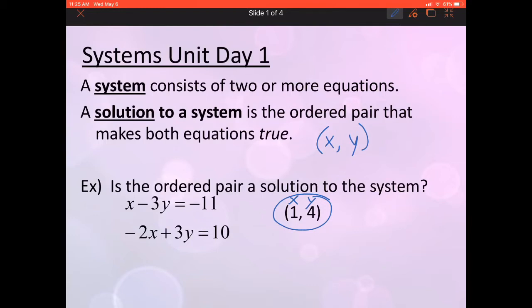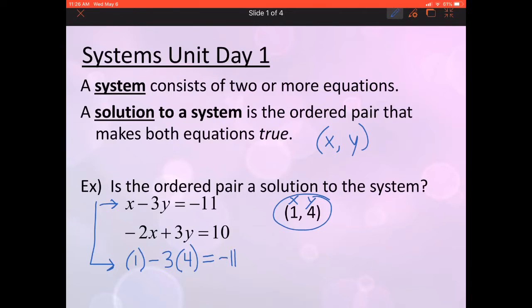So if we use the first equation, okay, so I'm going to use this equation right here, and I'm going to do the work down here. I'm going to substitute in 1 for x. So whenever I substitute something in, I'm going to put it in parentheses. So 1 goes in for x minus 3 times, there's a y, so the y was 4. And I'm going to check to see if that's negative 11.